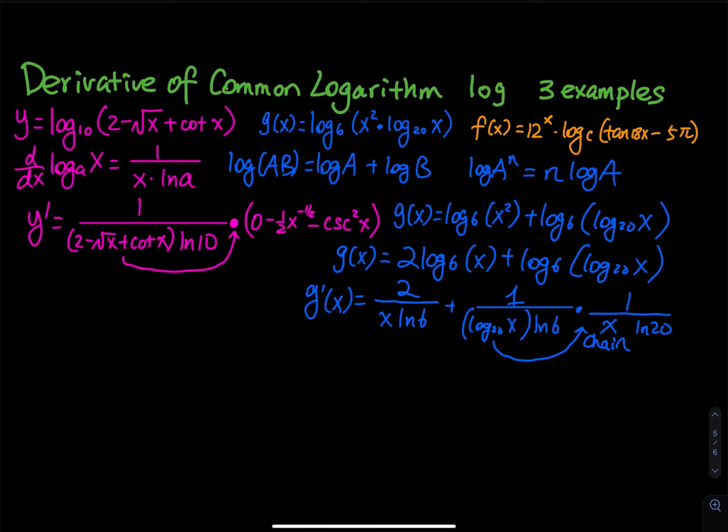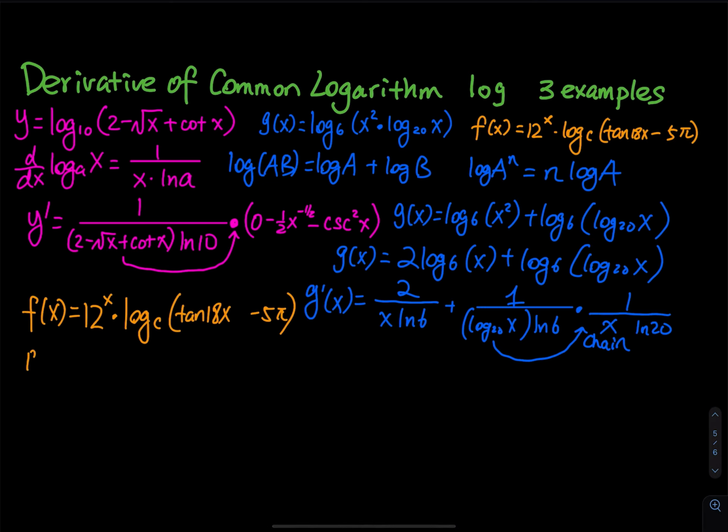For the third function, let's copy the function one more time. We have f of x equals 12 to the x power multiplied by log base c of tangent 18x minus 5 pi. This is one term times the other term, so we will be using the product rule.